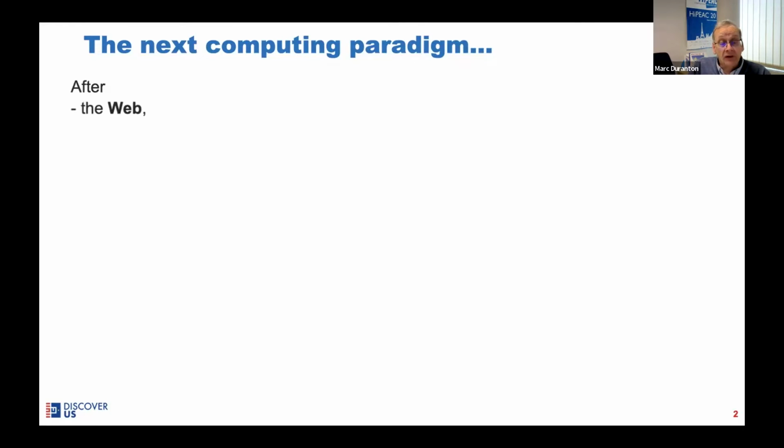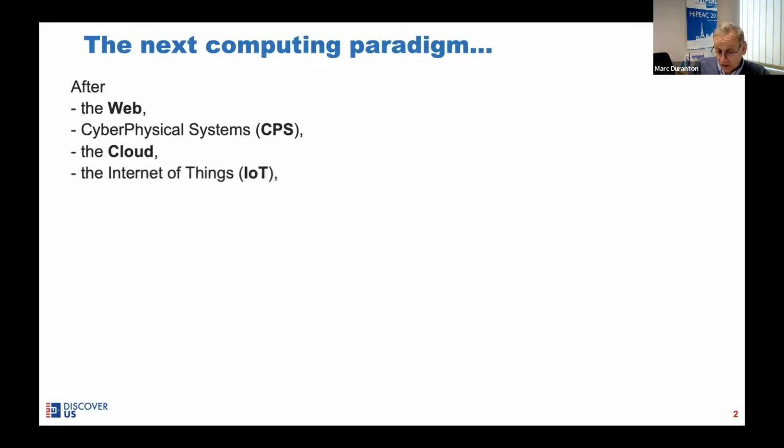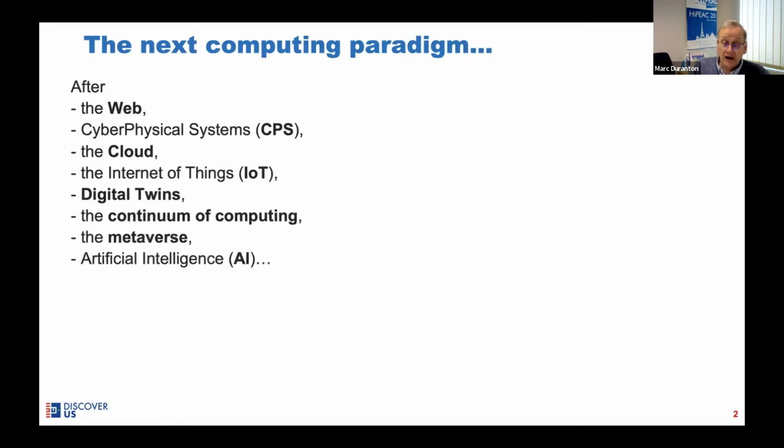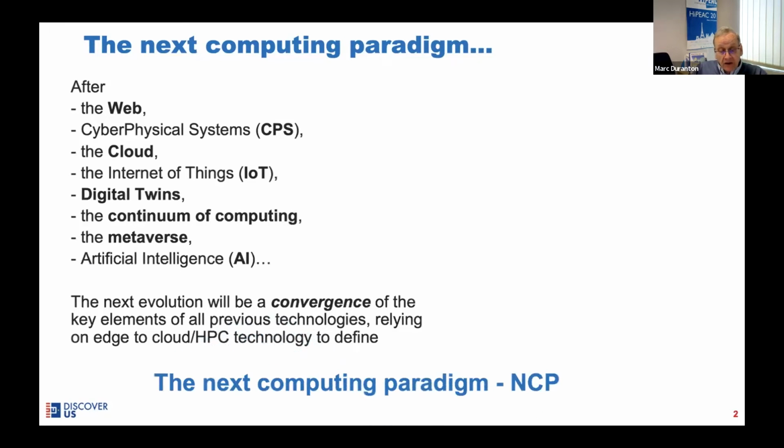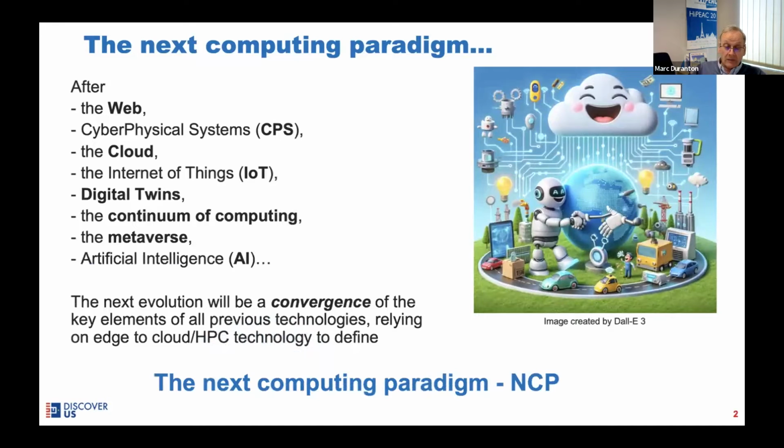So this is after the web, after cyber-physical systems, after the cloud, after Internet of Things, digital twin, continuum of computing, metaverse, artificial intelligence. We think that the next evolution will be a convergence of the key elements of all previous technologies to define this next computing paradigm that I will abbreviate with NCP.